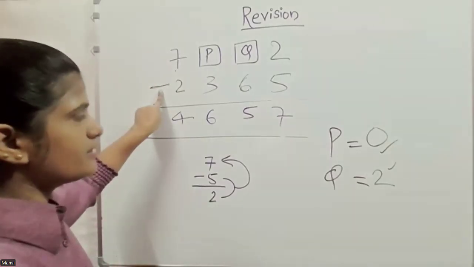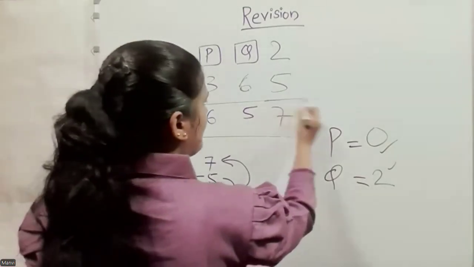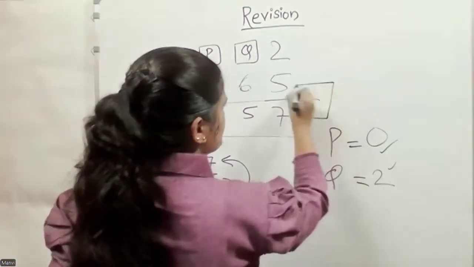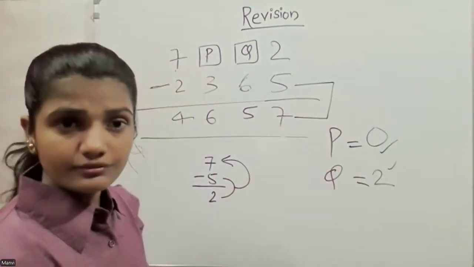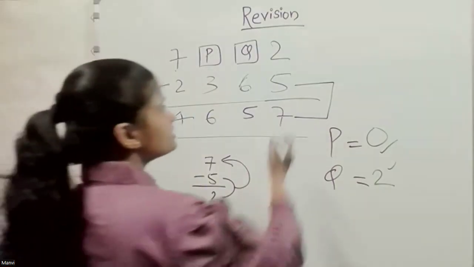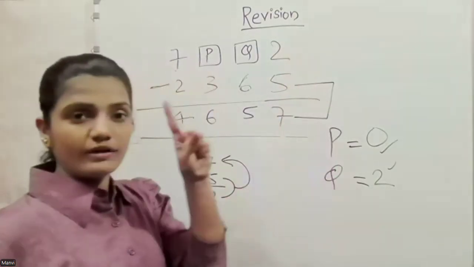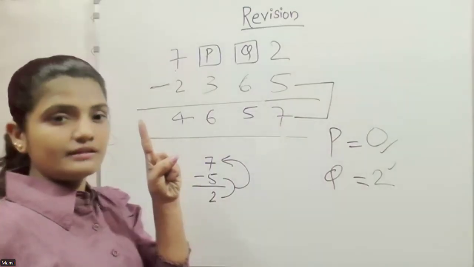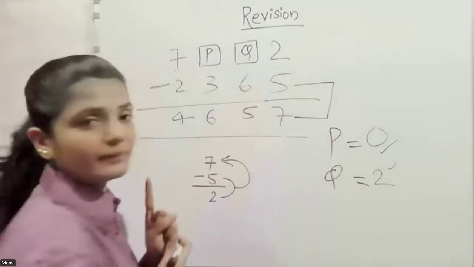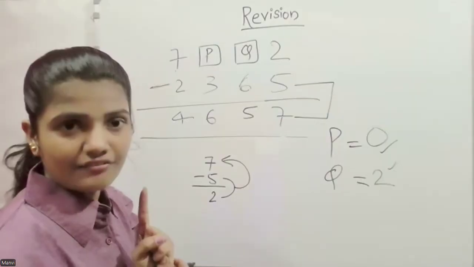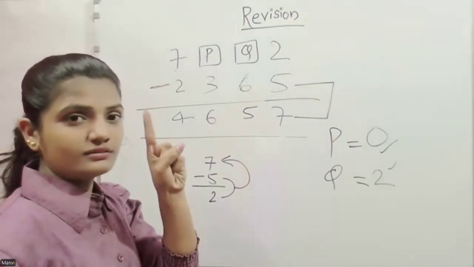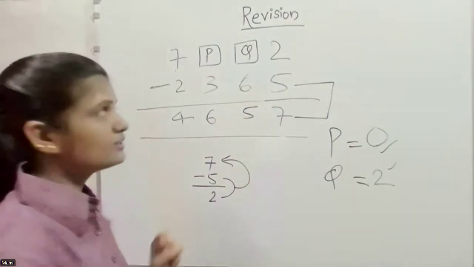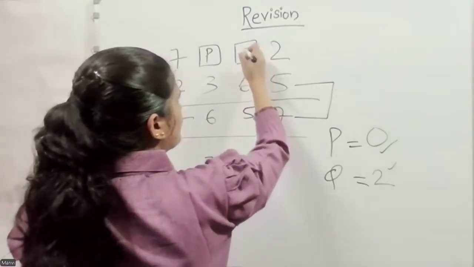So this is a subtraction symbol, and you start adding these two. 7 plus 5 will be 12. So for that 12, you just write 2 and take 1 as carry. Now, 6 plus 5 will be 11, and plus that 1 makes 12. So you write 2 here.